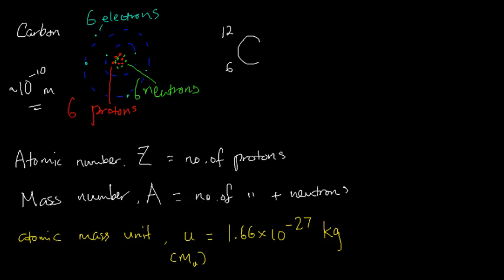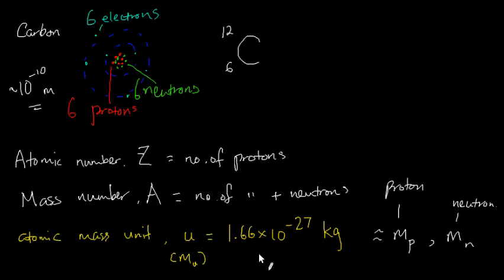That this is roughly equal to the mass of a proton, which is often written as mp, and the mass of a neutron. Okay, so this is mass for proton, and mass for neutron. And the mass of an electron is a lot smaller than any of these.